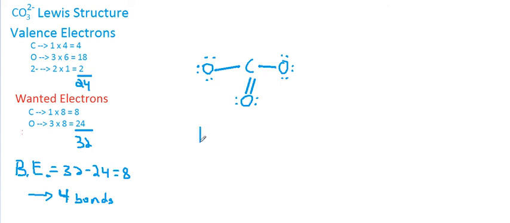So the formal charge for carbon is going to be 4, that's the number of valence electrons we start with, minus the number of non-bonding electrons on it, in this case 0. There aren't any lone pairs on carbon. All the electrons in the valence shell of carbon are involved in bonds. And then you also subtract out the number of bonding electrons, in this case 8 because there's 4 bonds, divided by 2.